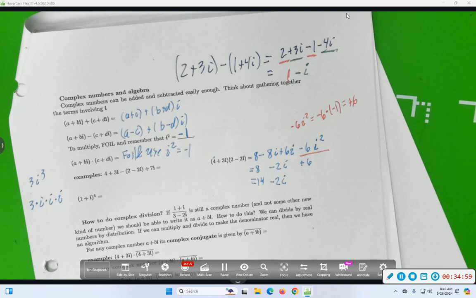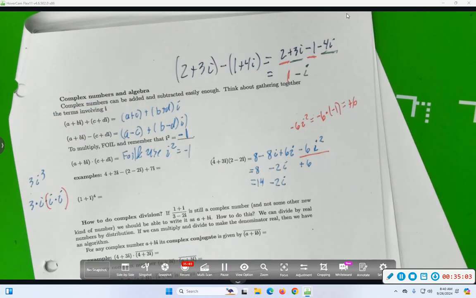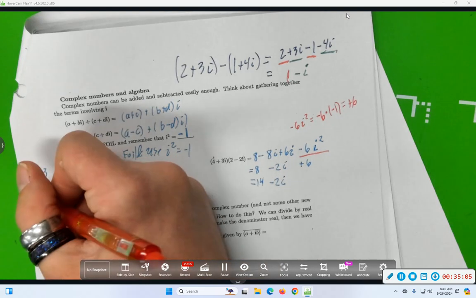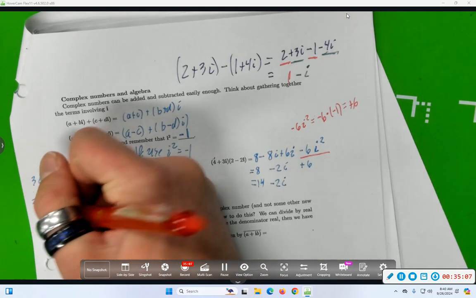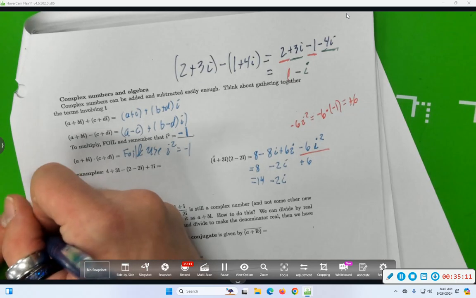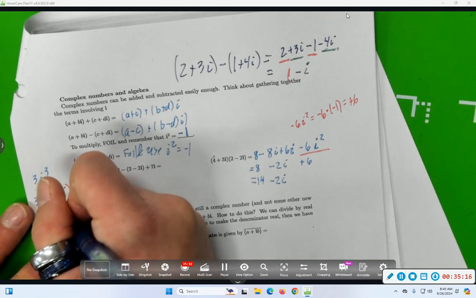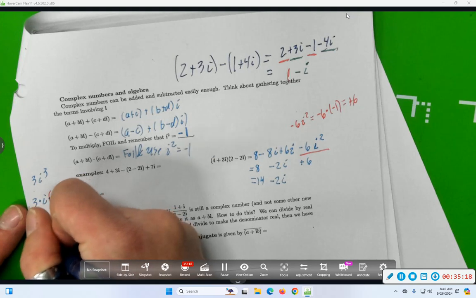What if I focus on just these two terms together? That's i squared, right? Yeah. So this is the same thing as 3 times i. So there's still an i times negative 1, minus 3i.